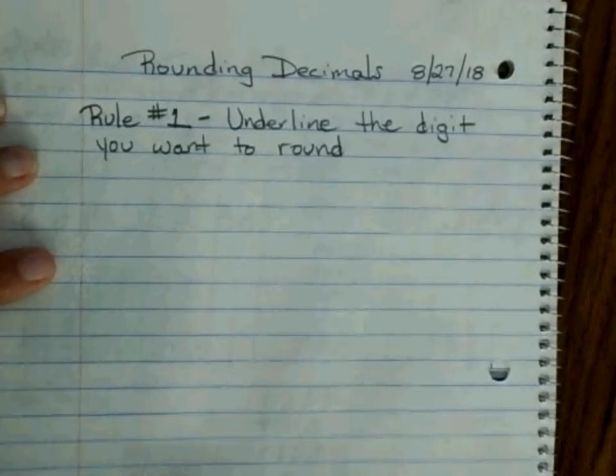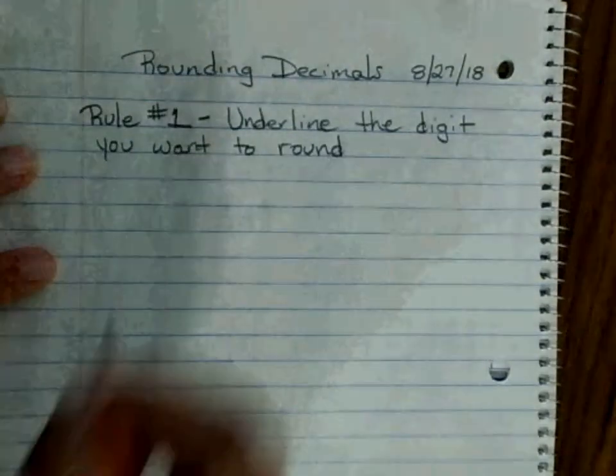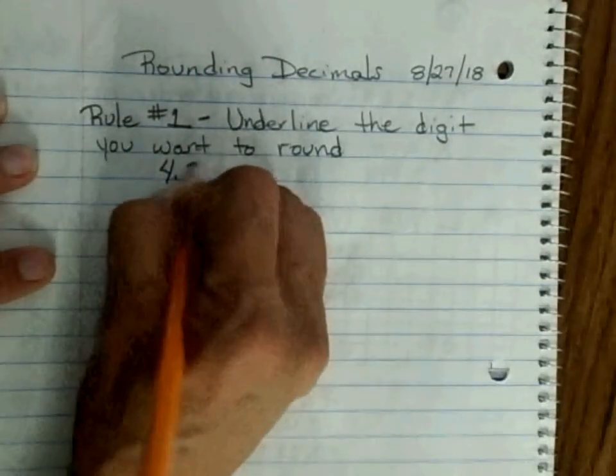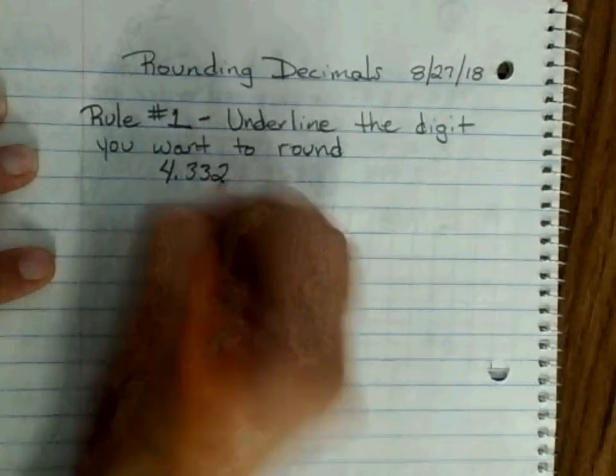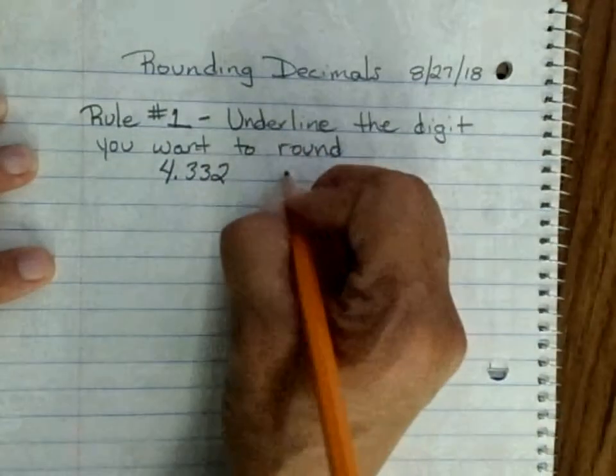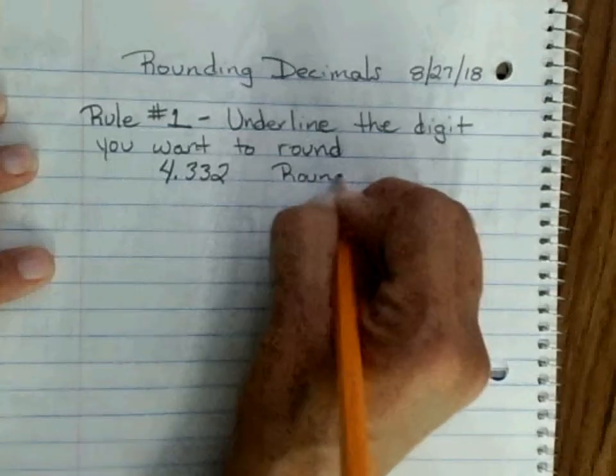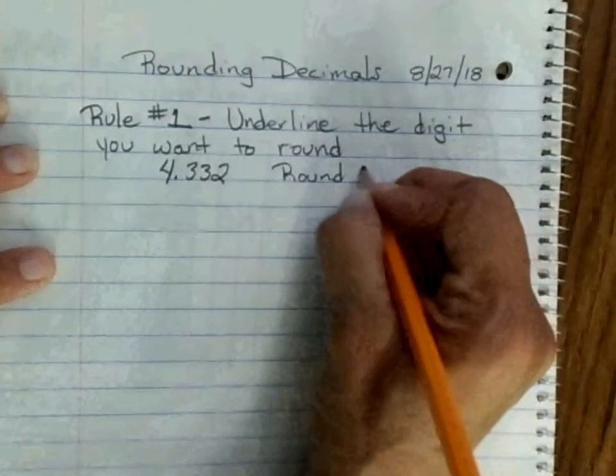So let's say our number is 4 and 332 thousandths, and our directions are round to the nearest hundredth.